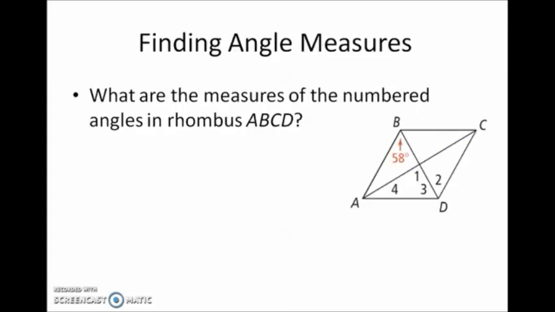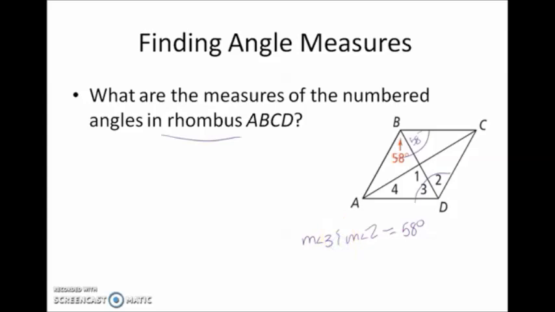So knowing that information, if I'm then asked to find the angle measures in this drawing, I know that the diagonals bisect opposite angles in a rhombus because they're telling me that this is a rhombus. So that means this must be 58 degrees. And since I know that these two angles are congruent in a parallelogram, the measure of angle 2 must also be 58 degrees, as must the measure of angle 3, since they are bisected.